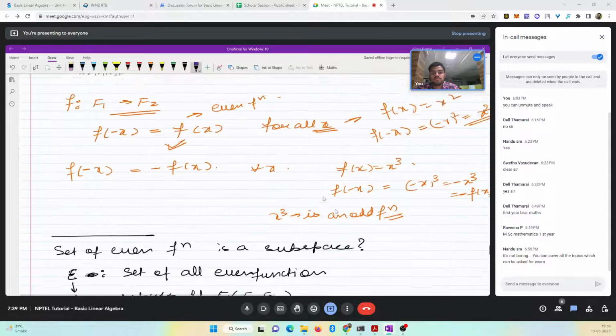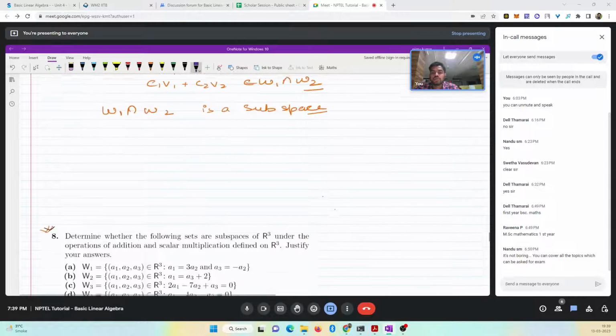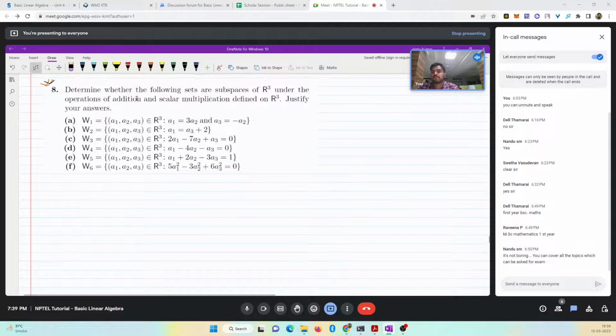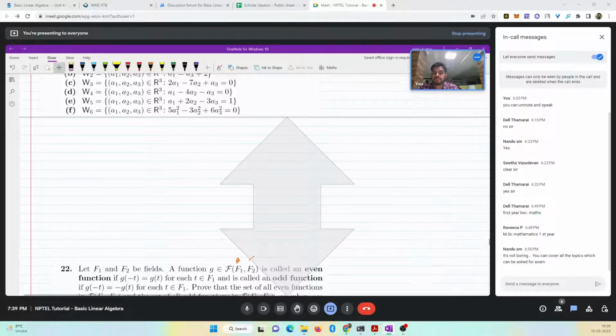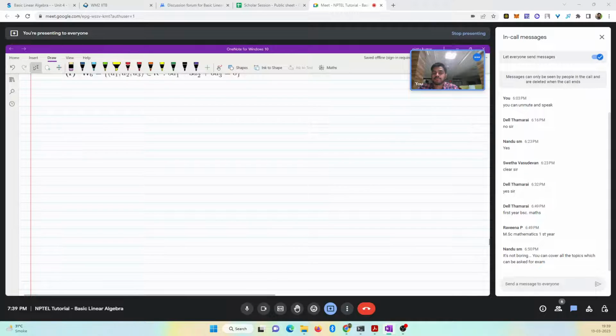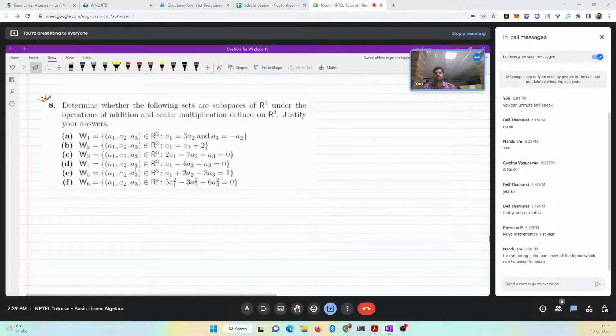Now let's go to the question that we skipped. This was related to subspaces. These are subsets of R3, and they have asked us to check whether each is a subspace or not. Let's look at the first example. It says that A1 is equal to 3 times A2 and A3 is equal to minus A2.